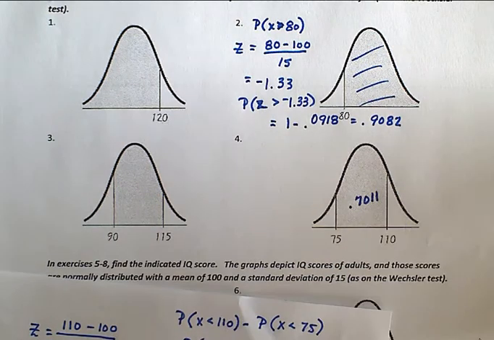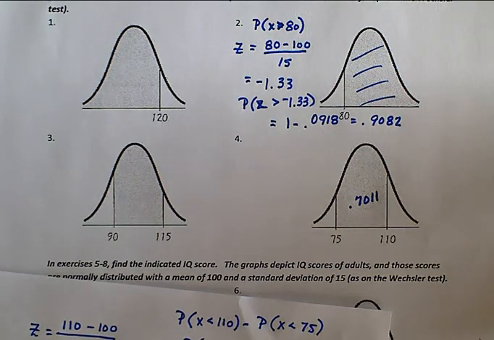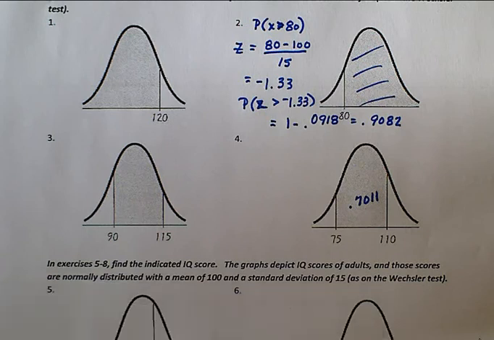Okay, so the processes are the same from what we did in section 2. The only difference is we need to use that z-score formula to convert that thing first.